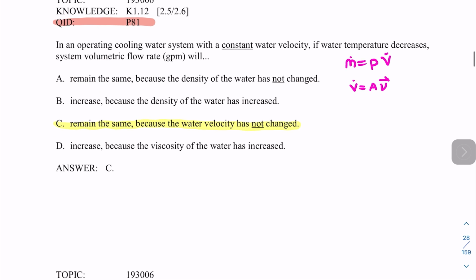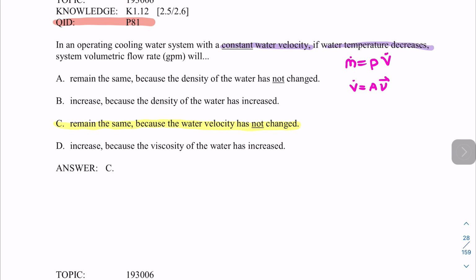Question P81. Okay, let's go over this one. In an operating cooling water system with a constant water velocity, if water temperature decreases, what's going to happen to the volumetric flow rate here, right?